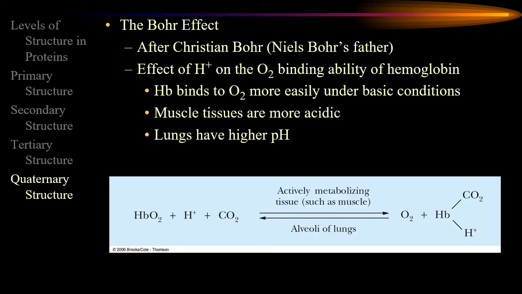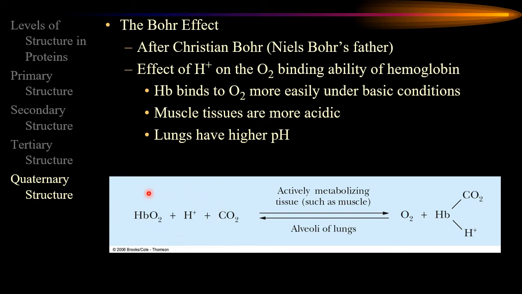So there's an equilibrium affecting the hemoglobin. Under basic conditions, the hemoglobin releases the hydrogen. The concentration of hydrogen ions is small, so it's more conducive for hemoglobin to pick up oxygen. So that's in the lungs.